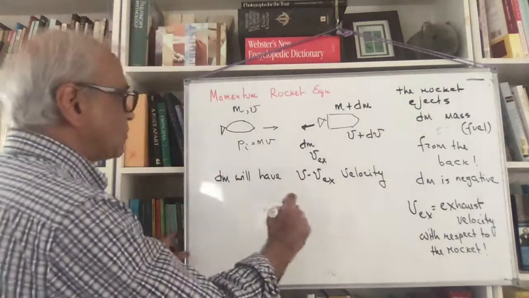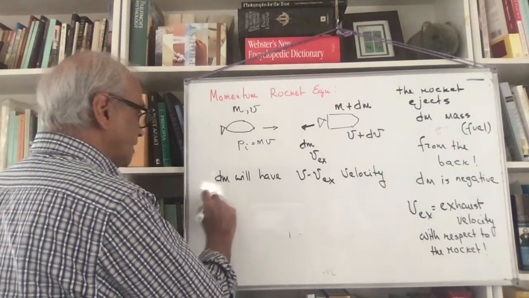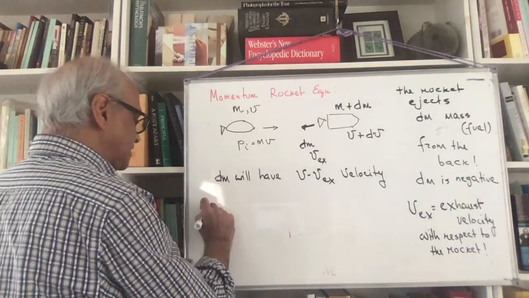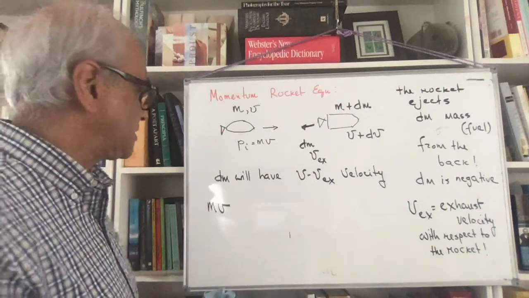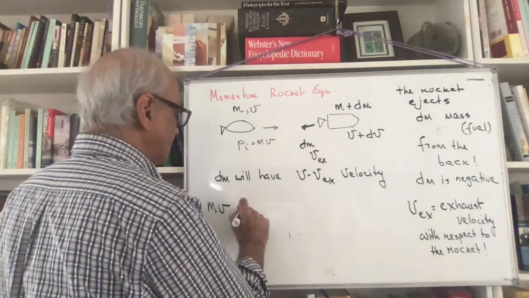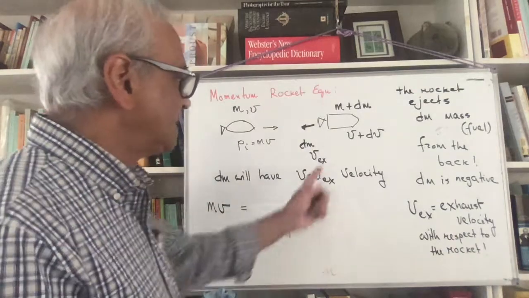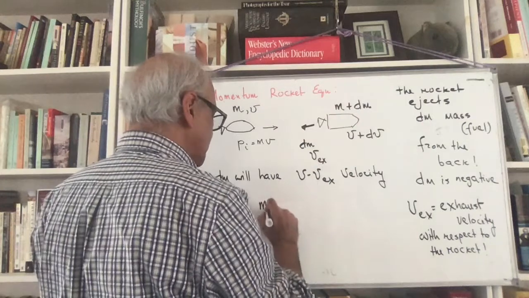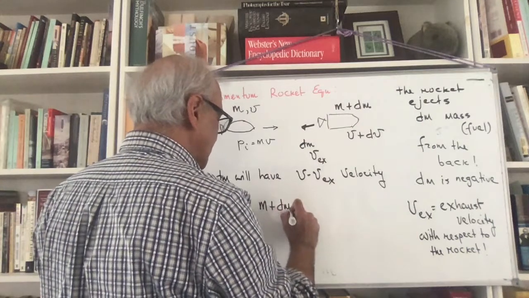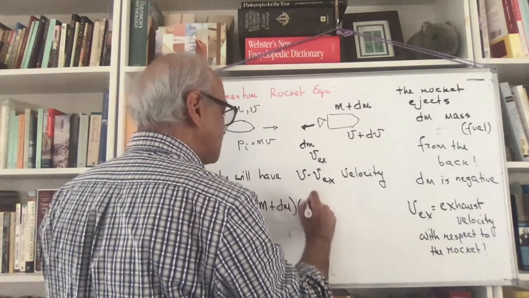Okay, so what's my pi? Pi initially is the mass times the velocity of the rocket, mv, equal to, let's look over here. We have that main rocket mass, m plus dm, and it's now moving with v plus dv.